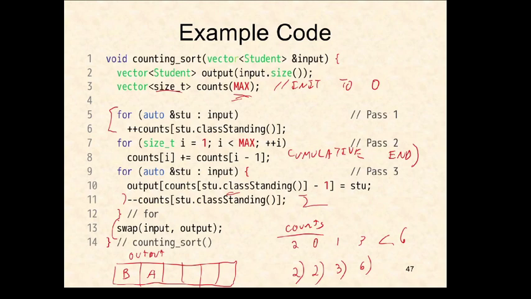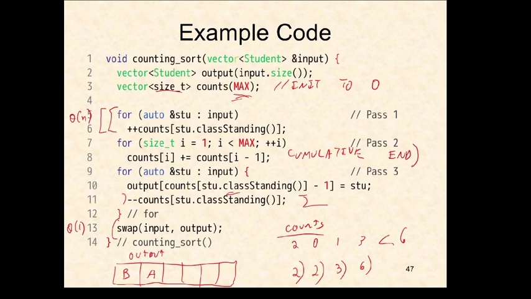Now, what's the complexity of this code? Well, I'll give you an answer to line 13. Line 13 is O of 1 because it just swaps pointers and sizes. Well, what about pass 1? When we make this loop through, we look through all n students. This is O of n, if n is the number of students.